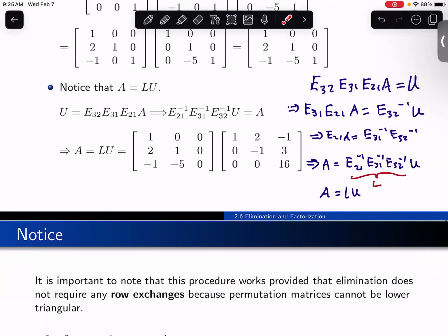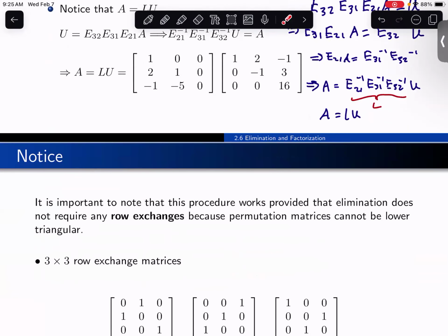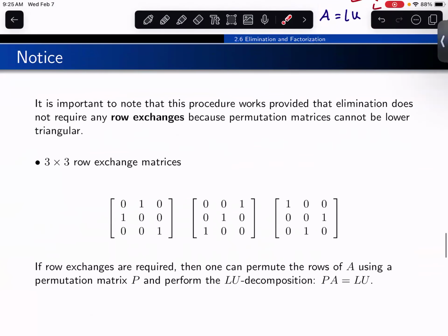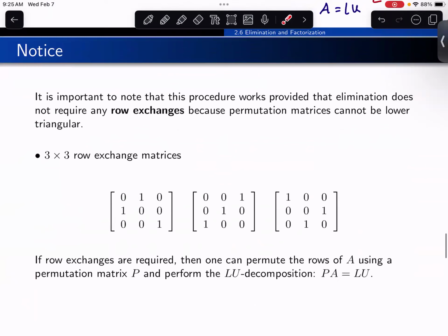Okay. Like any other process we've seen so far in this class, there are certain matrices where this doesn't play well, or it's hard to do this LU factorization. And as usual, the difficulty occurs when we have zeros where we have pivots. If there are zeros on the diagonal, there are going to be issues.